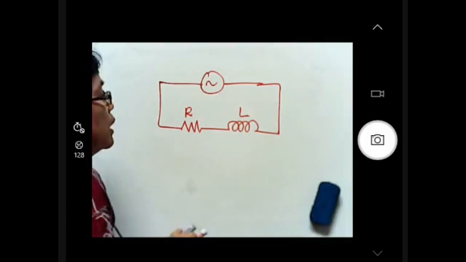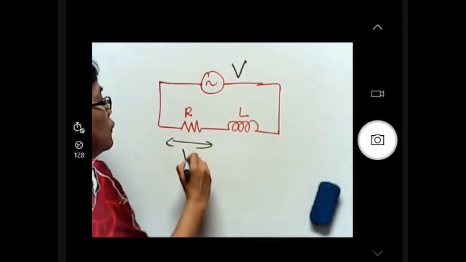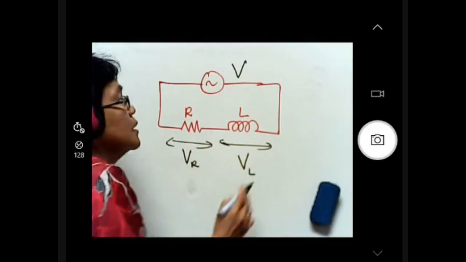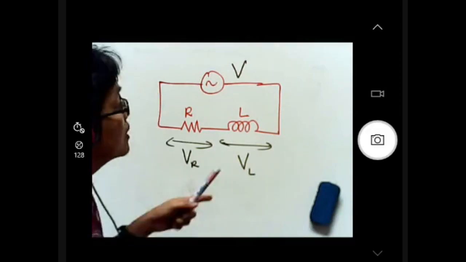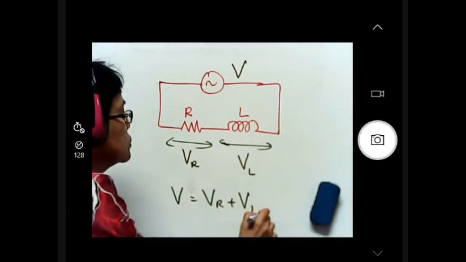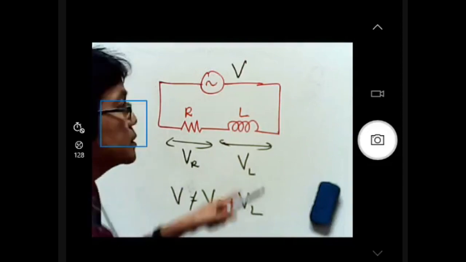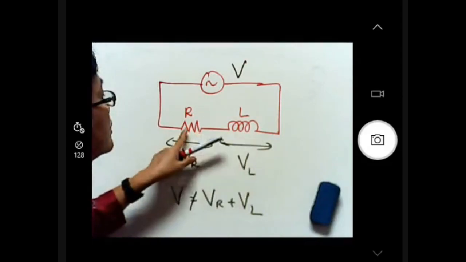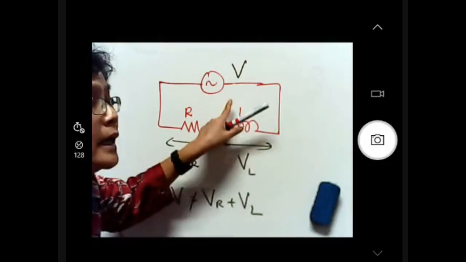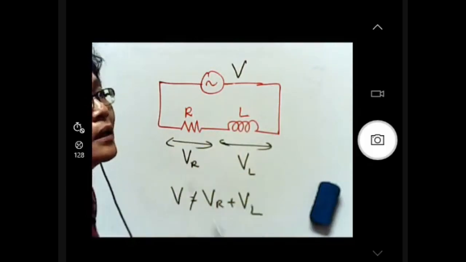So we have 3 voltages here: V source, voltage across the resistor, and voltage across the inductor. This is not like direct current, where we say V equals VR plus VL. In this case, it's not true, because the timing is not the same. The resistor voltage has the same timing as the source, but the inductor voltage is faster than the current by 90 degrees.